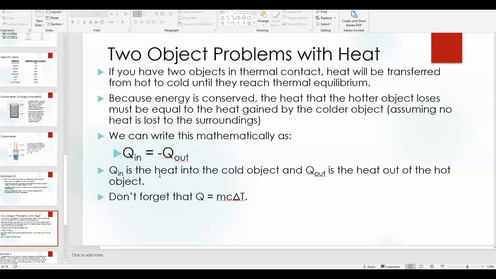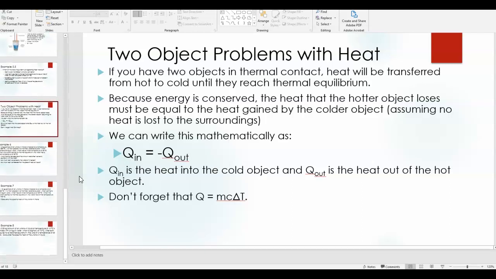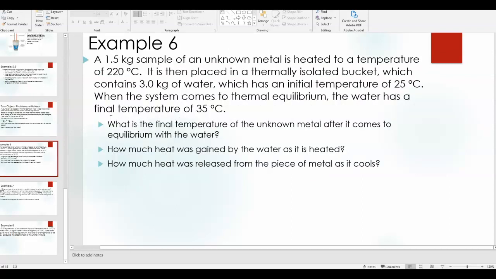Whichever one is gaining heat is Q in, and whichever one is losing heat is Q out. So it's that simple. We're just going to do a few two-object problems, and then we'll be done with this unit. So let's take a look at example 6.